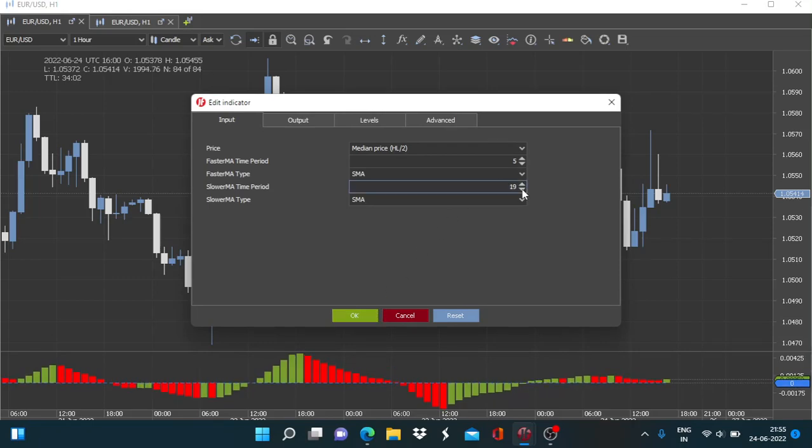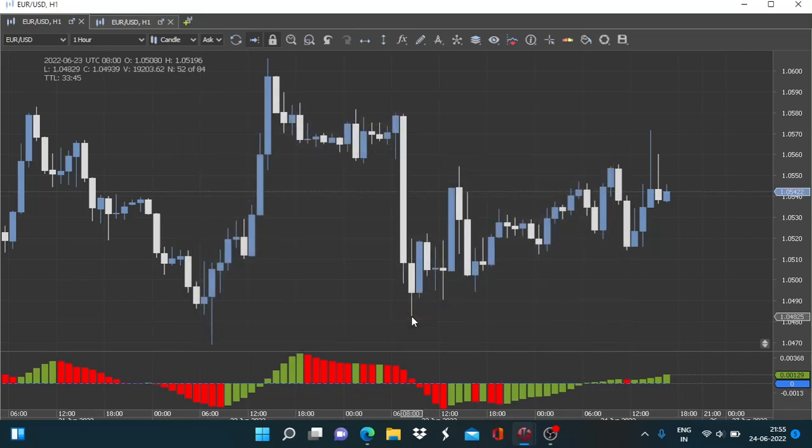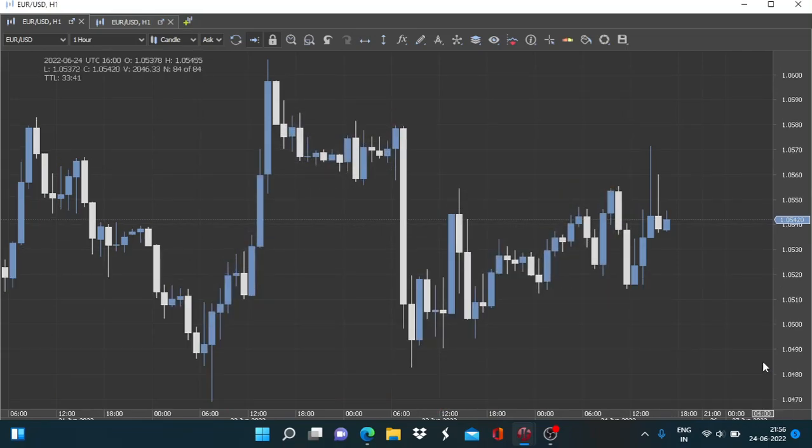See here, it is very dynamic, as you can notice on the chart. As soon as I change this slower MA time period, the plotting changes. So that's how these values are arrived at. I am not going to tinker with it in this session. This is just the example.